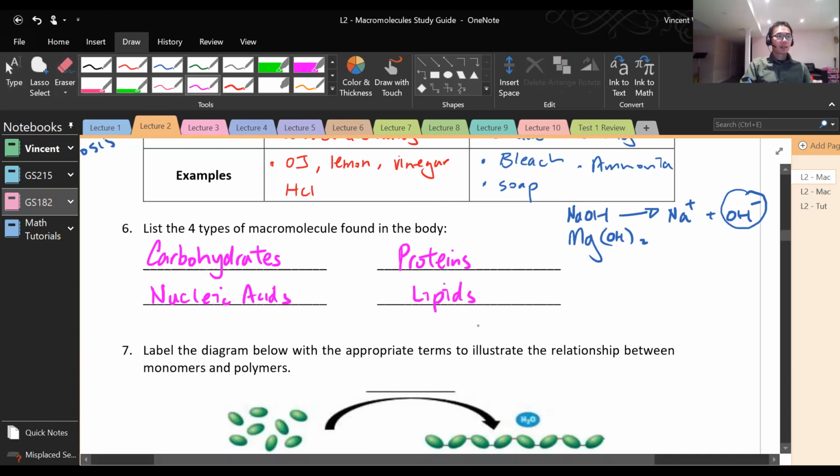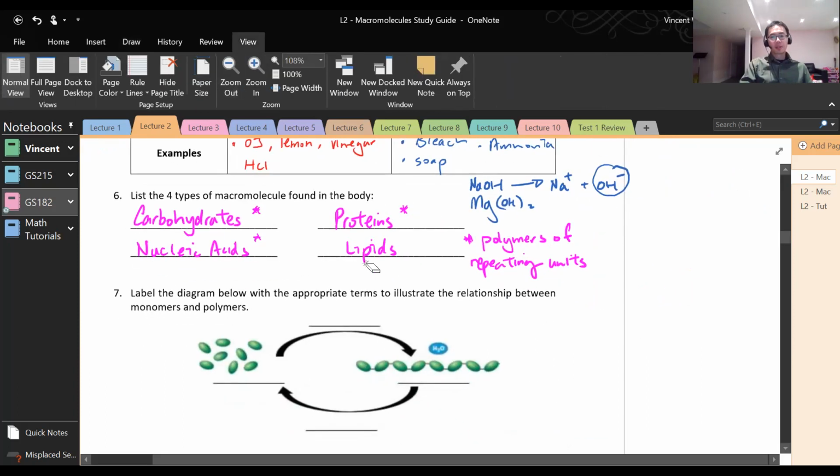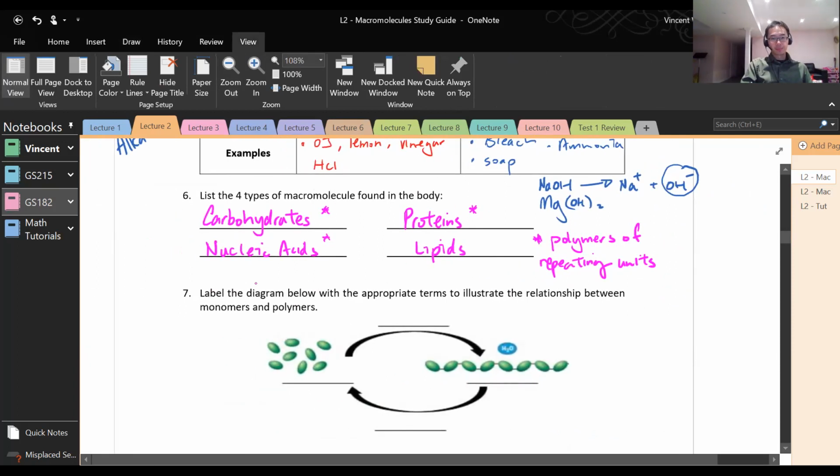Lipids. Okay, the proteins, the carbohydrates, the nucleic acids, these are polymers of repeating units. Not so much lipids. Lipids are kind of their own thing. It's more like components rather than repeating units.